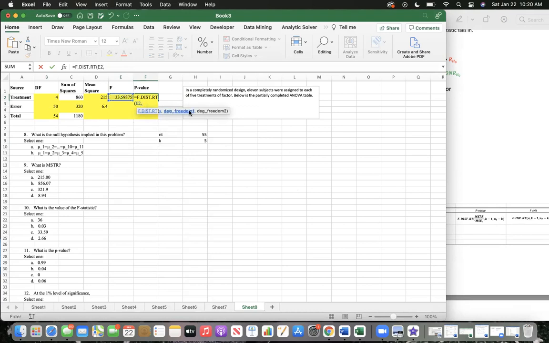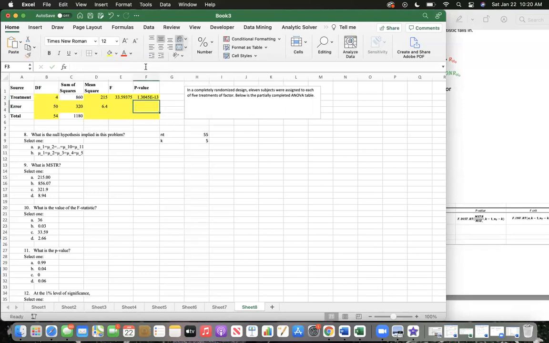Our degrees of freedom 1 is going to be the degrees of freedom for our treatment, so it's this one. Then our degrees of freedom 2 is going to be the degrees of freedom for error, so this one. All right. There we go. And if you guys recall, whenever you have this e to the negative whatever, that means you have to go back many decimal places. So that means this p-value is going to be close to 0.